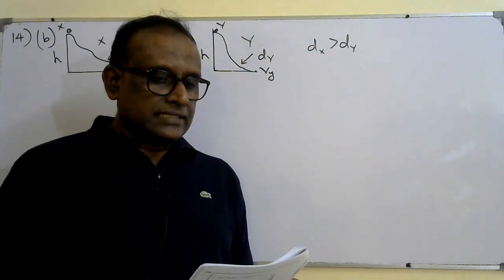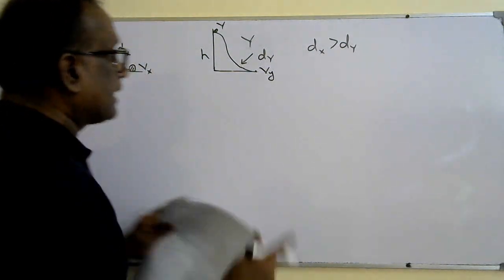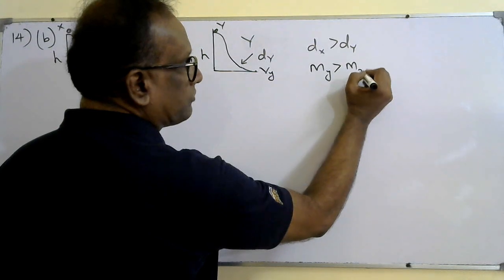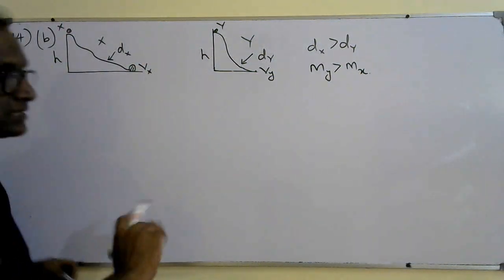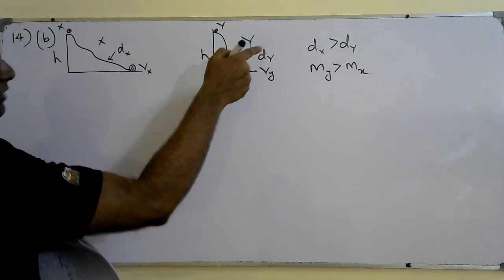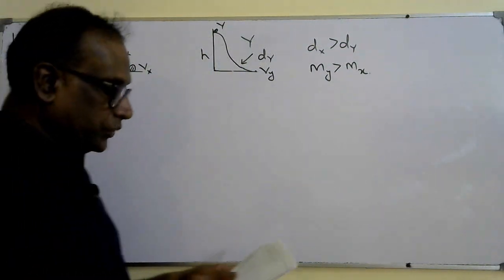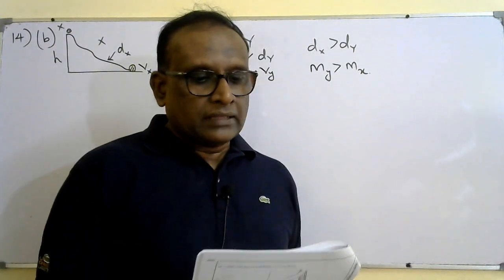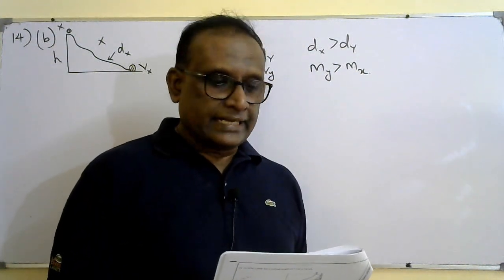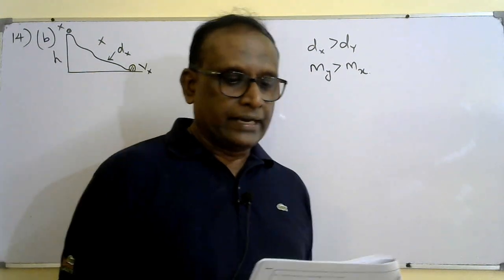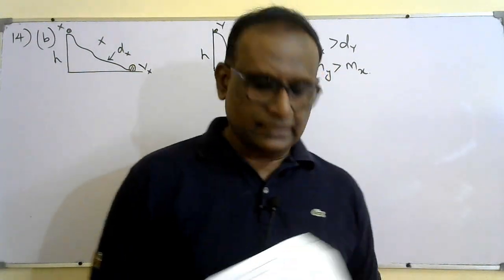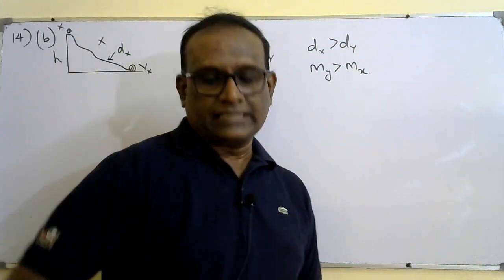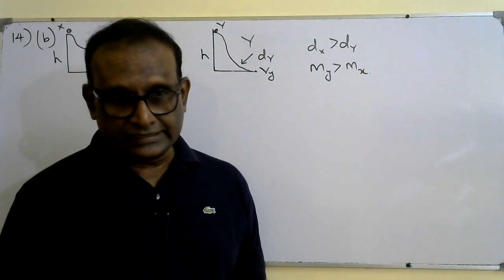The child on Y has greater mass, that is My, mass of the child on Y greater than mass of the child on X. But both have no friction, the length is different, height is the same. The question says the resistive forces acting on the child can be ignored. The child Y has greater mass than X. Explain how Vx compares with Vy. Okay, anyway, we can't use equations of motion because it's not a straight line. So we have to consider in terms of the energy equation.